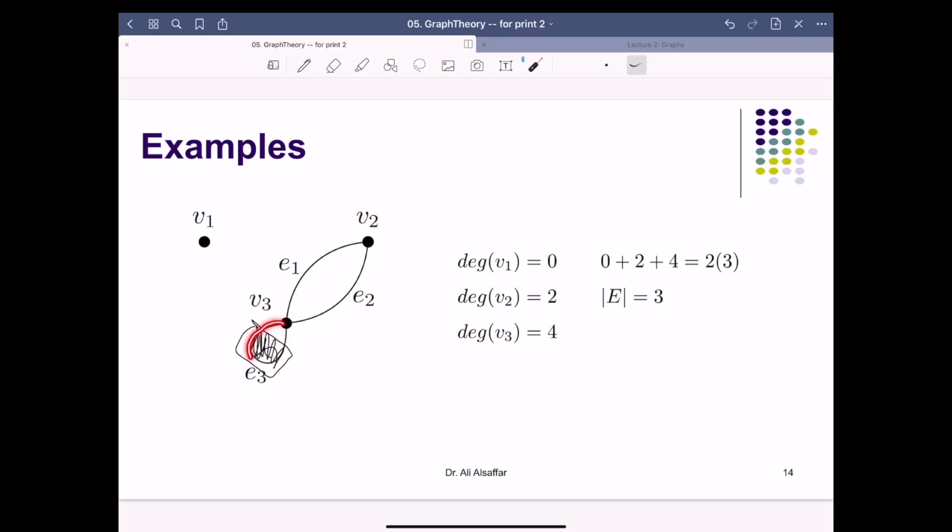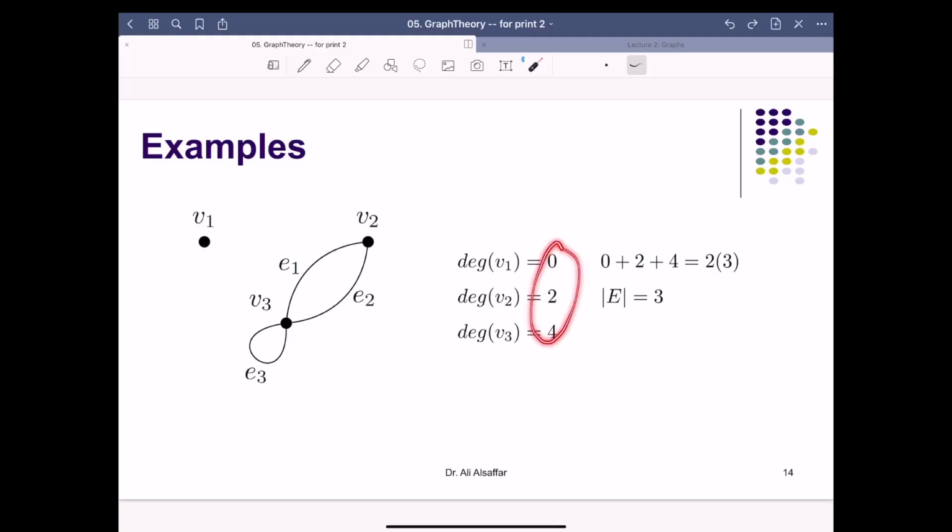So one edge is for going out and one edge for coming in. This is why for loops, you have to count this edge twice. So we say the degree for V3 is 4. So this is 1, this is 2, this is 3, and this is 4. So whenever you have a loop, just simply multiply it by 2 to get the answer.